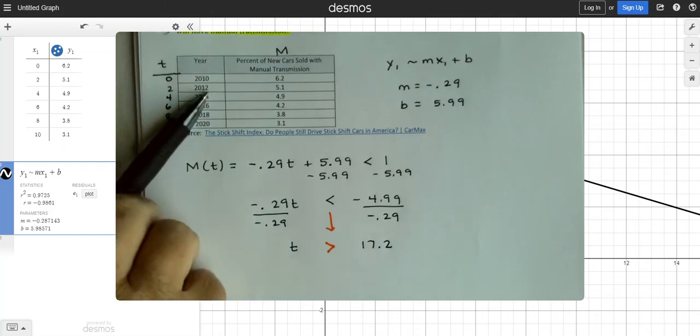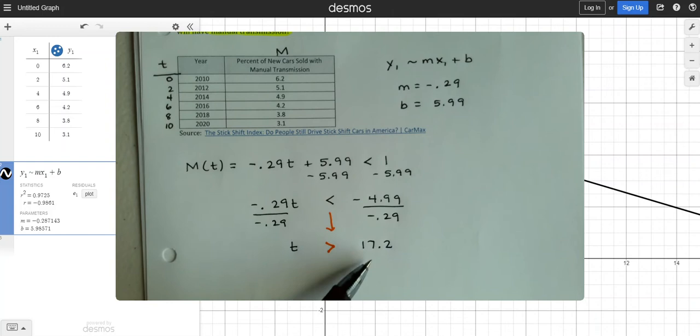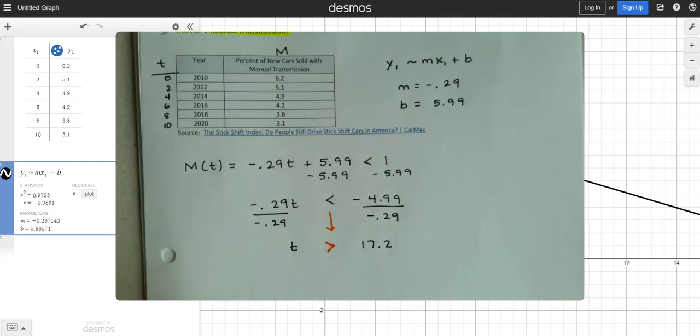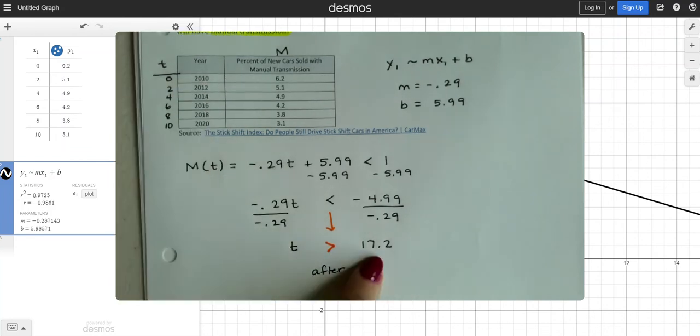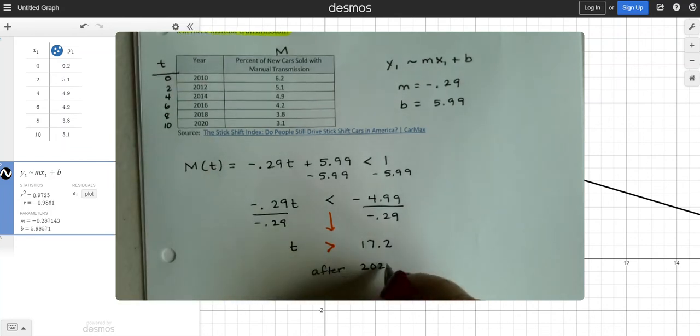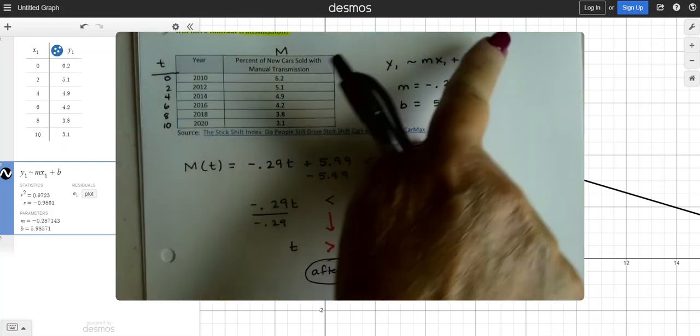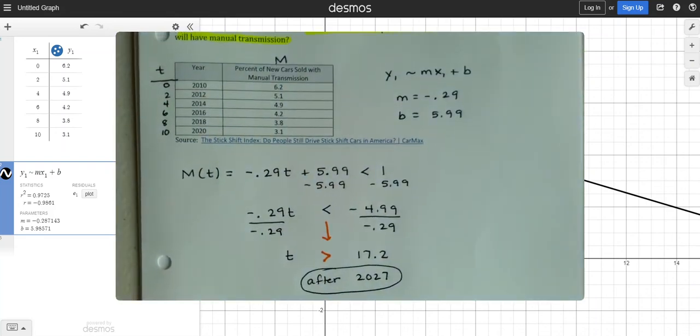All right, so the starting year was 2010, 17 years later, and t is bigger than that, so after, what would that be, 2027? We're predicting less than 1% of new cars would have manual transmissions.